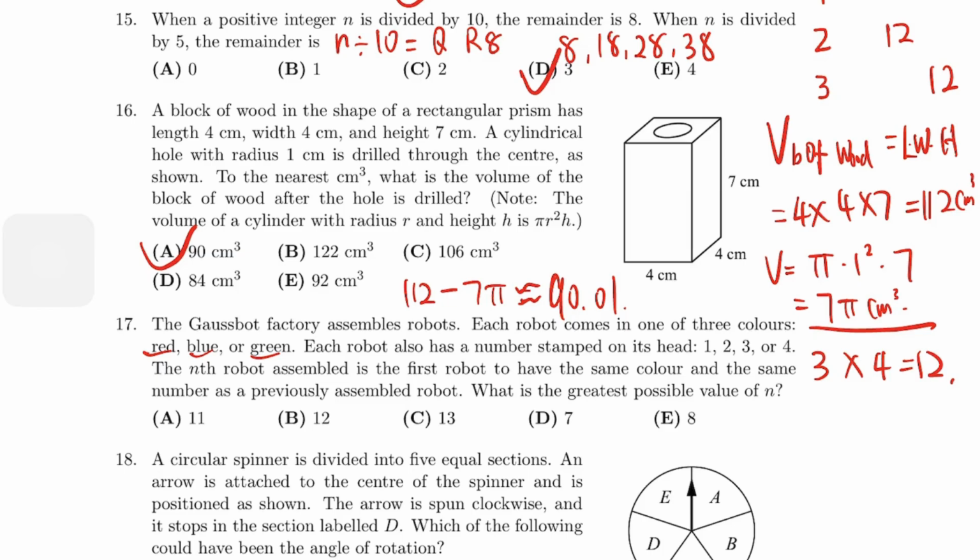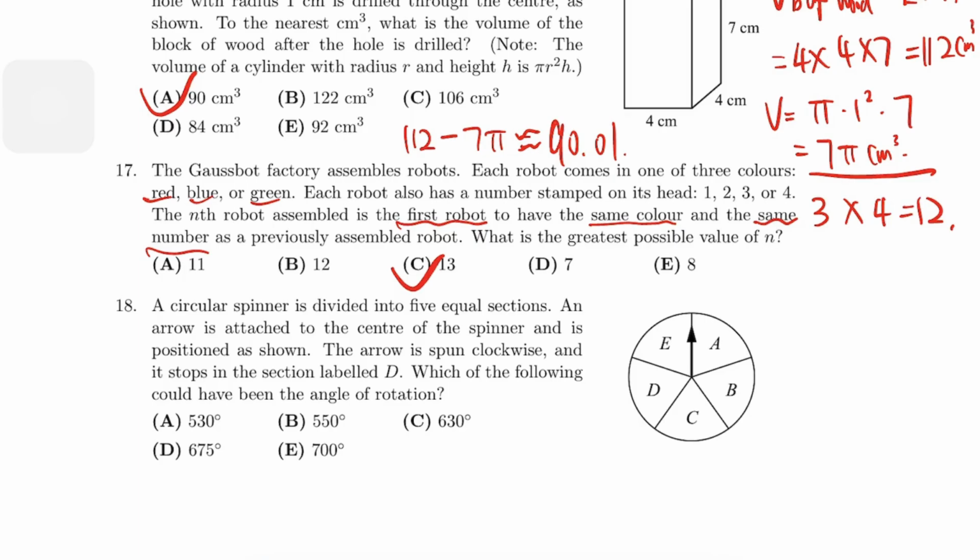So the next one, the greatest possible value of n is 13, because they want us the nth robot sample is the first robot to have the same color and the same number, right? So it's 13, the greatest possible value.